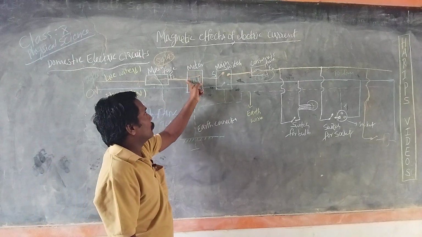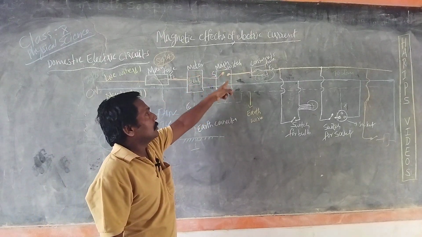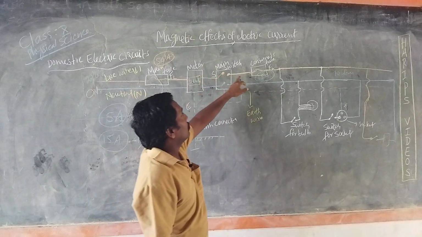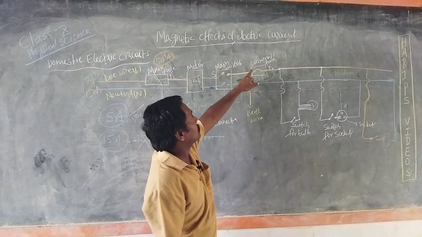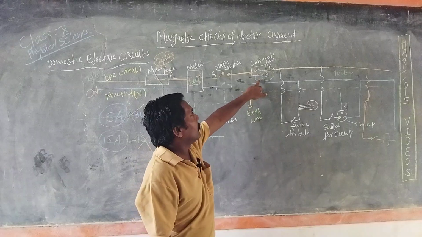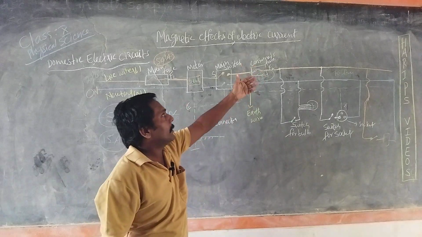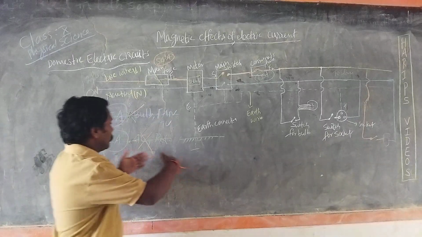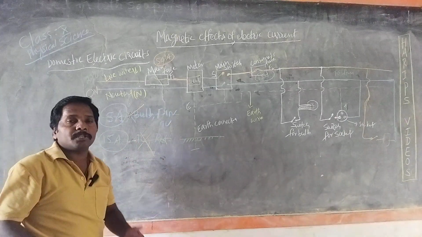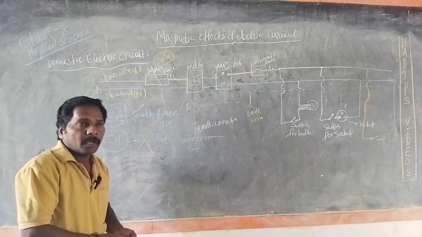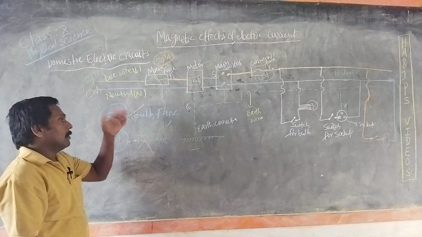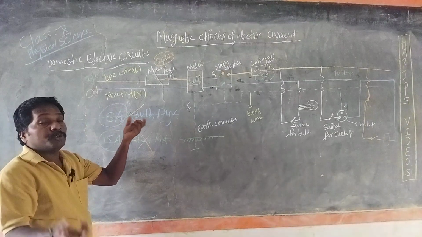Then from the meter the connection goes to the main switch near the meter. After that we have one more fuse called the consumer's fuse, of 15 amperes or more depending on what type of electrical appliances we are using. The appliances which consume more electrical energy are connected with a 15 ampere fuse, and some appliances consume less energy.